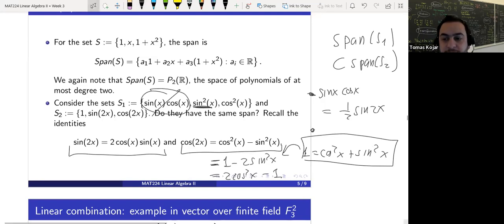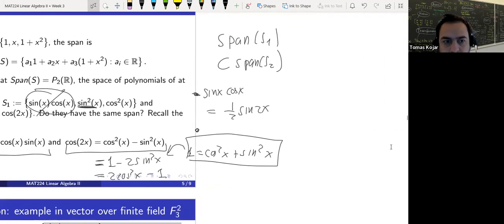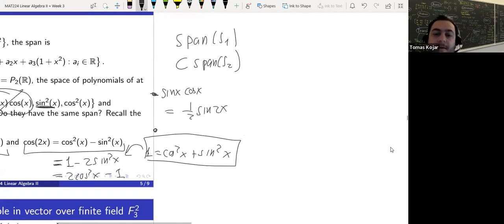So from here, you can see that cosine squared x is equal to 1 plus cosine 2x over 2. So 1/2 times 1, and then 1/2 cosine 2x.